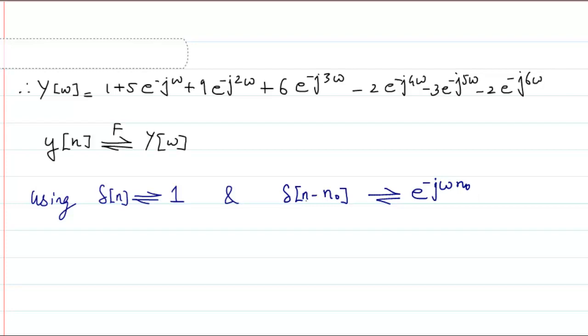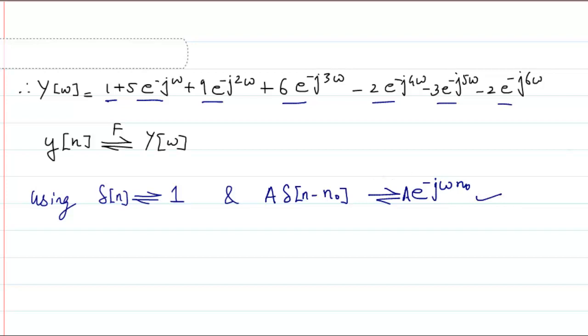If I write some capital A here also, a multiplication factor of capital A will come. Therefore I can take the individual Fourier transform of each of them. I will be using this Fourier inverse transform.